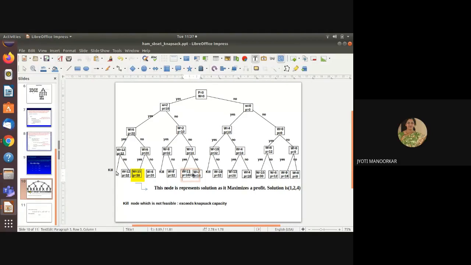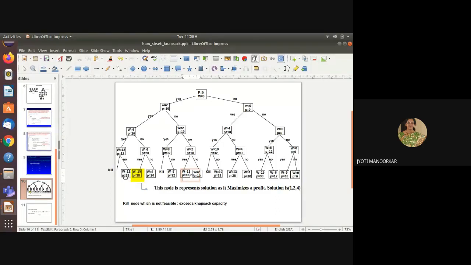Now, once you have created all the nodes and reached the leaf nodes, all these leaf nodes represent your feasible solutions. Among all these feasible solutions, you have to find which leaf node represents the highest profit, because all the weights are within your knapsack capacity.